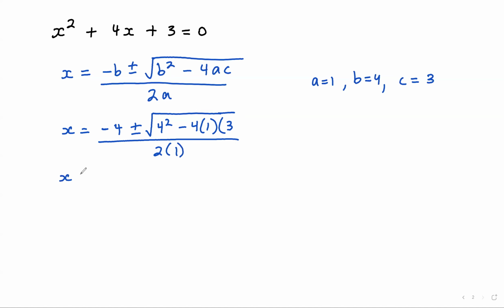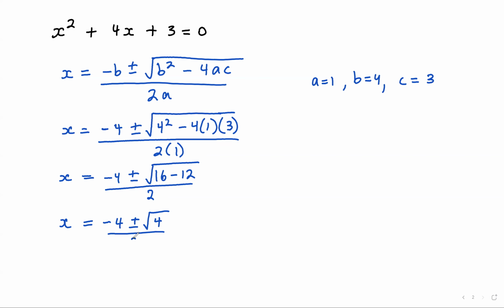And now we simplify. So minus 4 plus or minus the square root of 4 squared is 16, and 4 times 1 is 4 times 3 is 12, so that'll be 16, take away 12, all divided by 2 times 1, which is 2. So now we simplify again. So this will be minus 4 plus or minus the square root of 16 take away 12 is 4, all over 2.